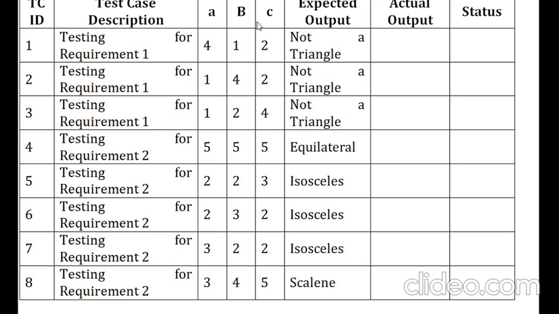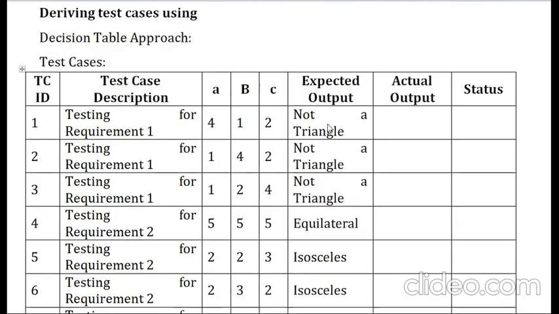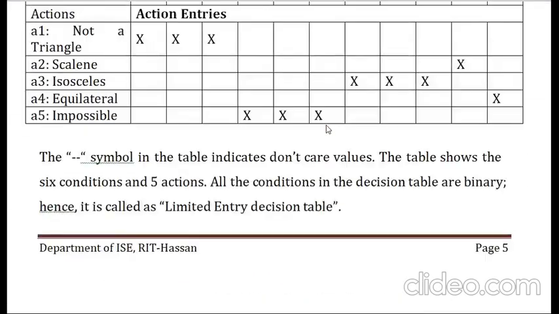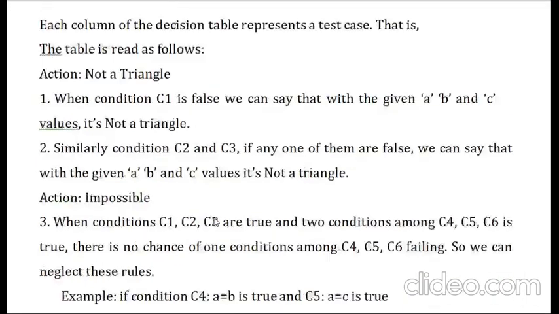So these are the inputs A, B, C. The first three cases are not a triangle cases, based on the decision table we consider, starting R1, R2, R3 are the not a triangle cases. Same as this we consider 8 test cases here.